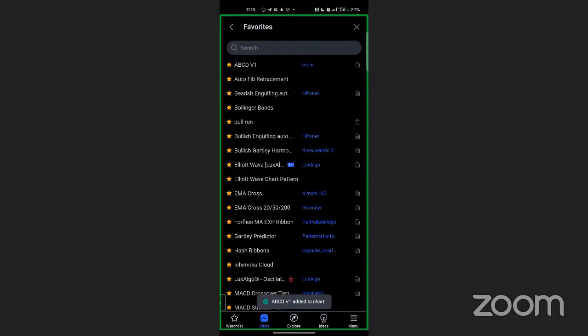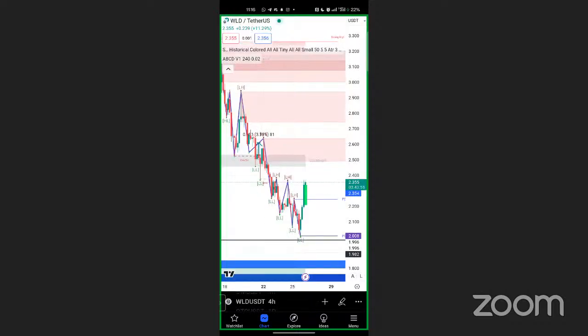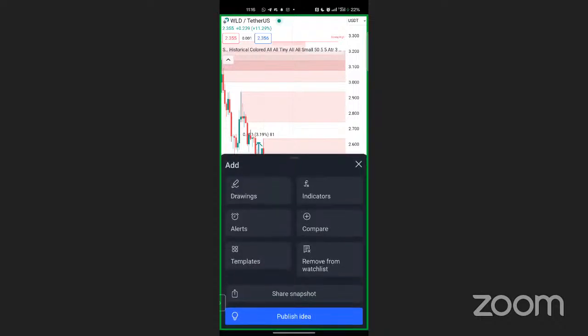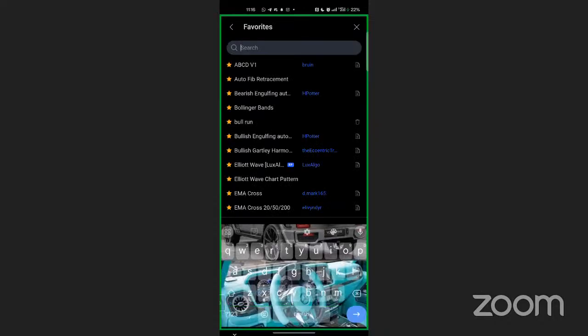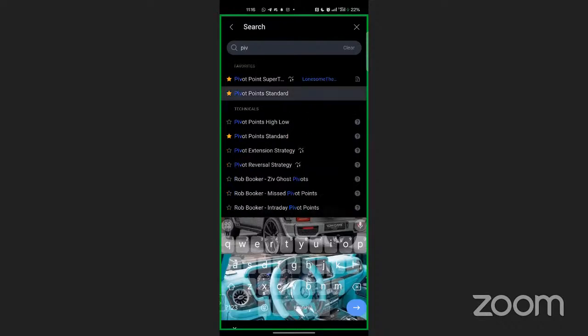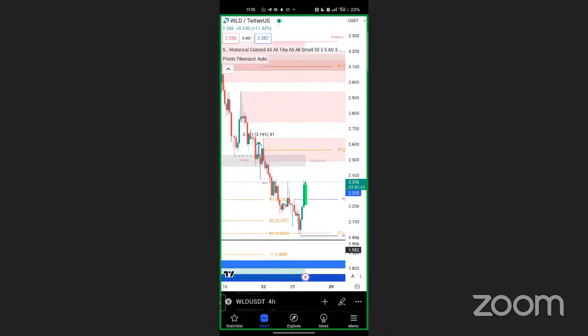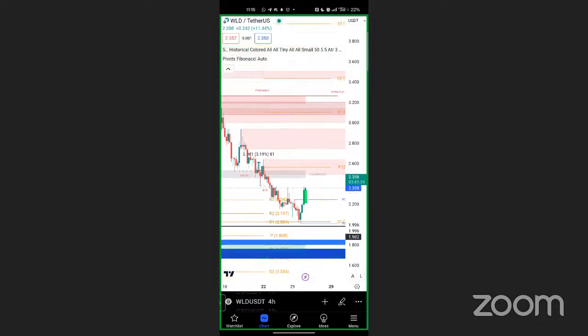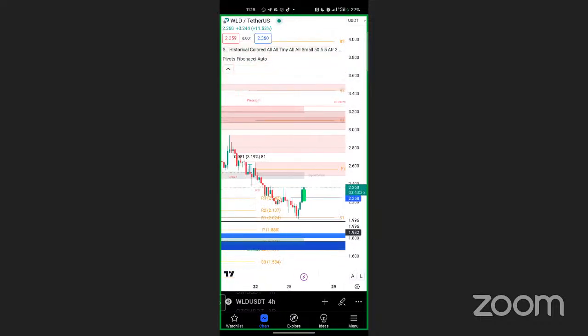Pivot points. Not ABCD. Not this one. Let me press in a simple indicator. Pivot points. It is at an area of support. I've not done so much on it.